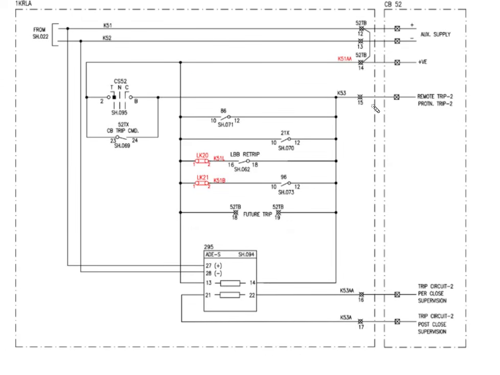So this is the trip 2, and the TB numbers used for protection trip is 52 TB 15, then pre-close is 16 and post-close is 17. So it's 15, 16 and 17.